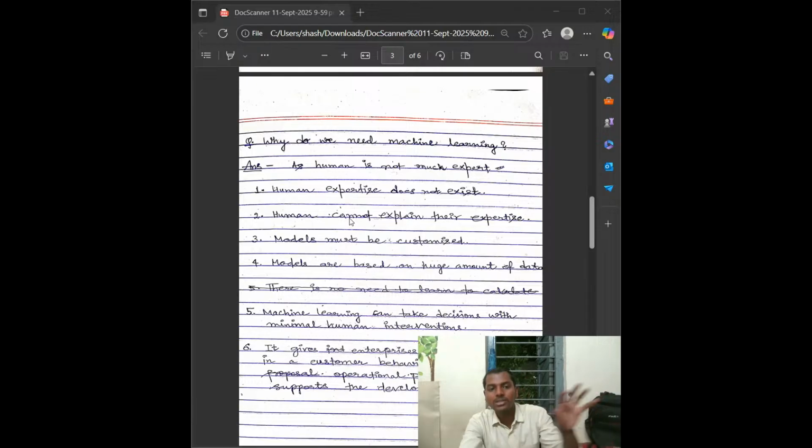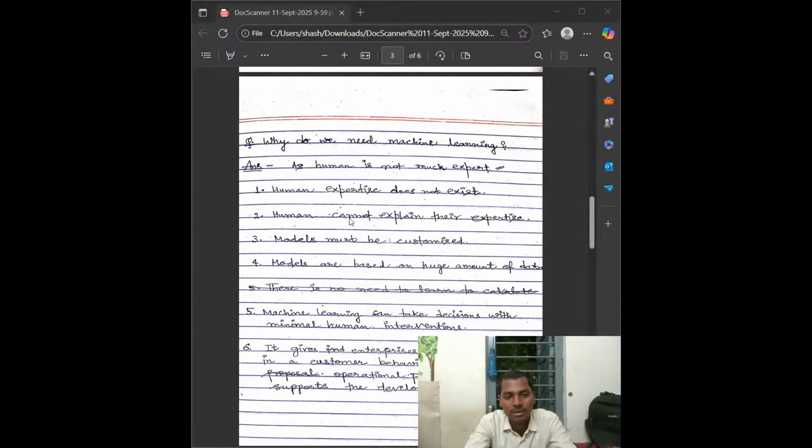So there is a range of things where machine learning is needed. We see it in government services, in financial services, either in banks and all, in self-driving cars, in our applications and everywhere.